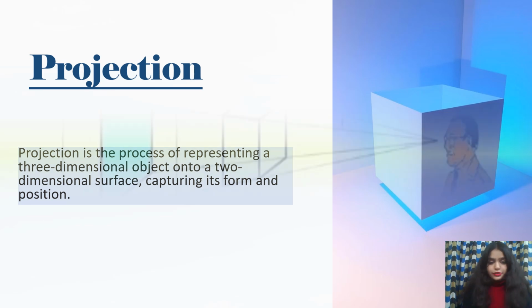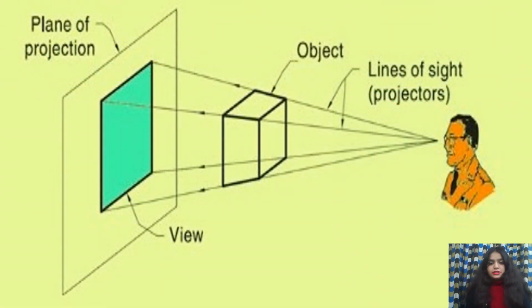This is all about the plane of projection. Here in between is the object, and here is the line of sight. The observer is seeing the object in the middle, so that is the line of sight.